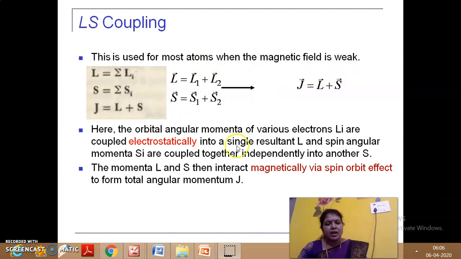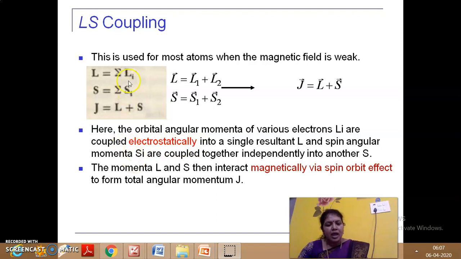Here, the orbital angular momenta of various electrons, say L1, L2, L3, L4 for many electron atoms, would first add up together to form a single L, capital L. Similarly, the spin angular momenta of the individual electrons would add up together as S1 plus S2 plus S3 plus S4 and give a single S. This combination of all the orbital angular momenta and all the spin angular momenta is due to an electrostatic coupling.